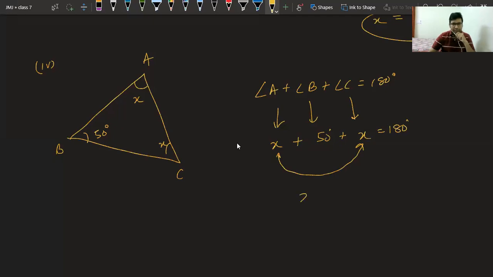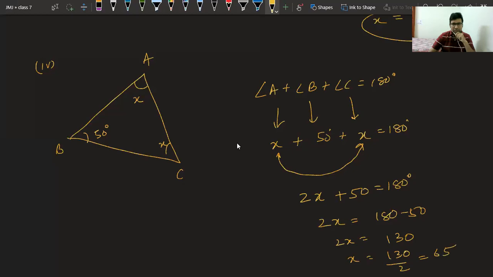So x plus x is 2x, plus 50 is equal to 180. 2x becomes 180 minus 50, 2x becomes 130. x becomes 130 upon 2, and the answer is 65 degree. So this is 65 degree and this is 65 degree.